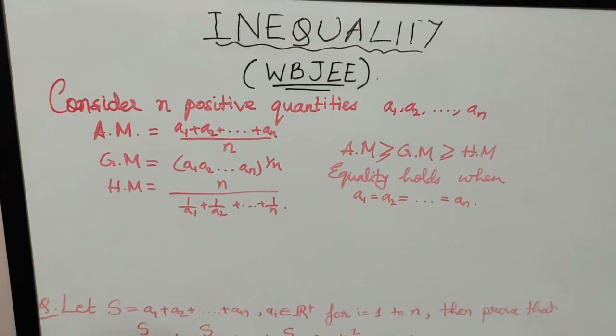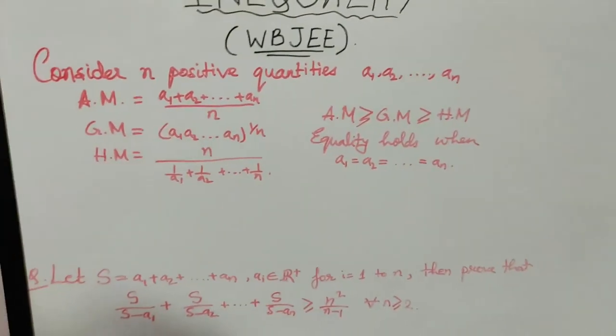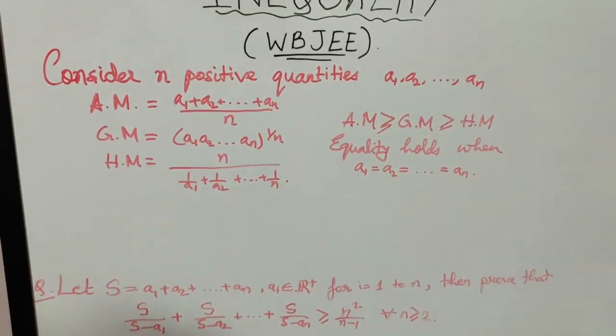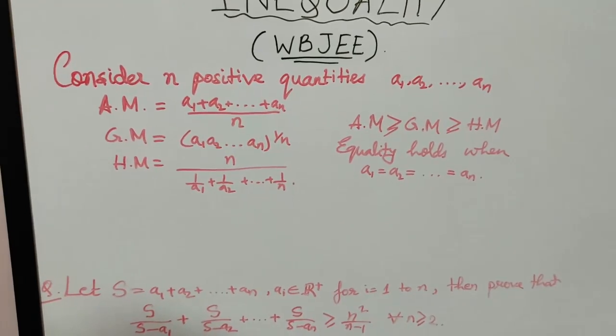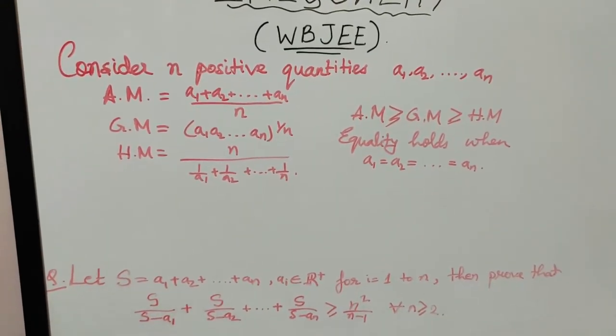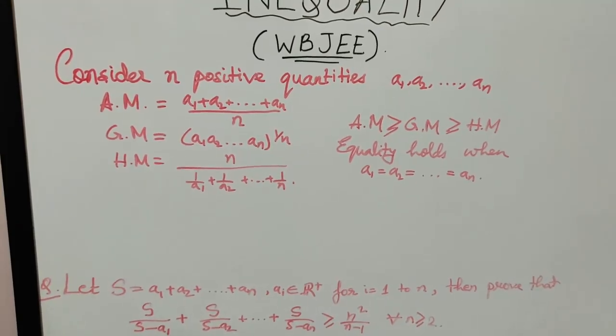So far we have discussed the AM-GM-HM inequality involving two positive numbers, but nothing different occurs when we are dealing with n positive quantities.